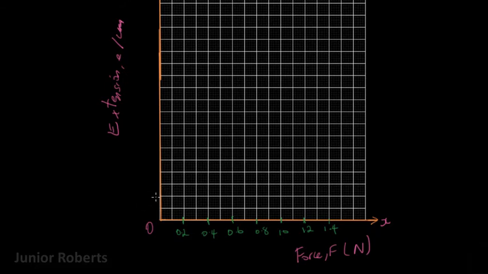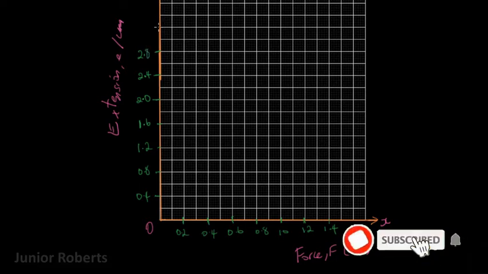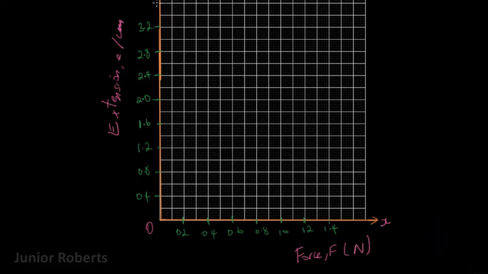So I'm going to say that's 0.4, 0.8, 1.2, 1.6, 2.0, 2.4, 2.8, 3.2, and I can also include 3.6.